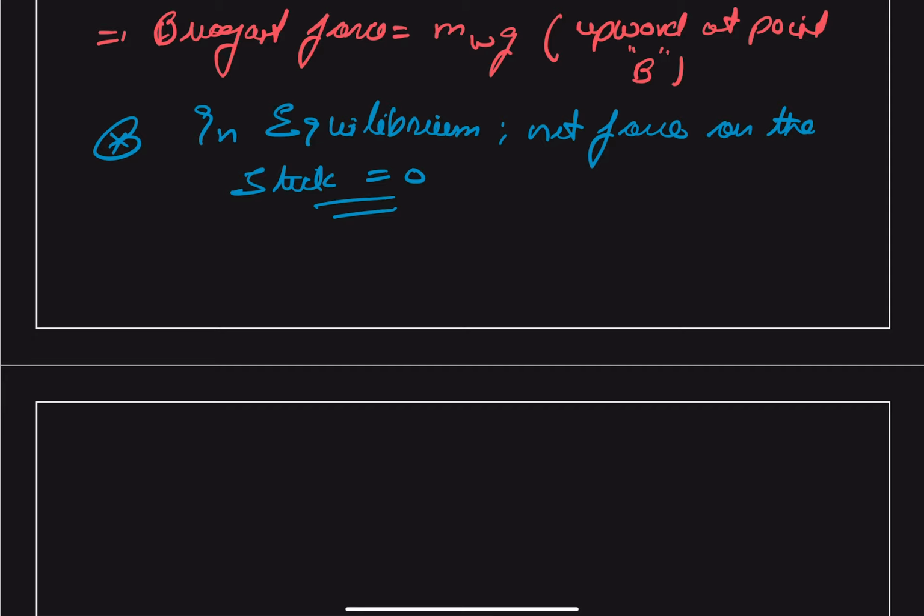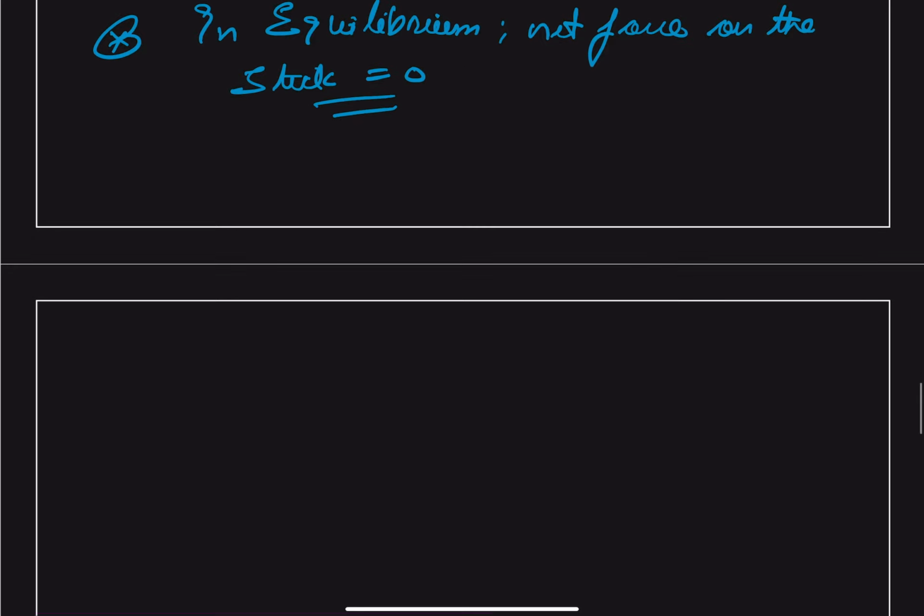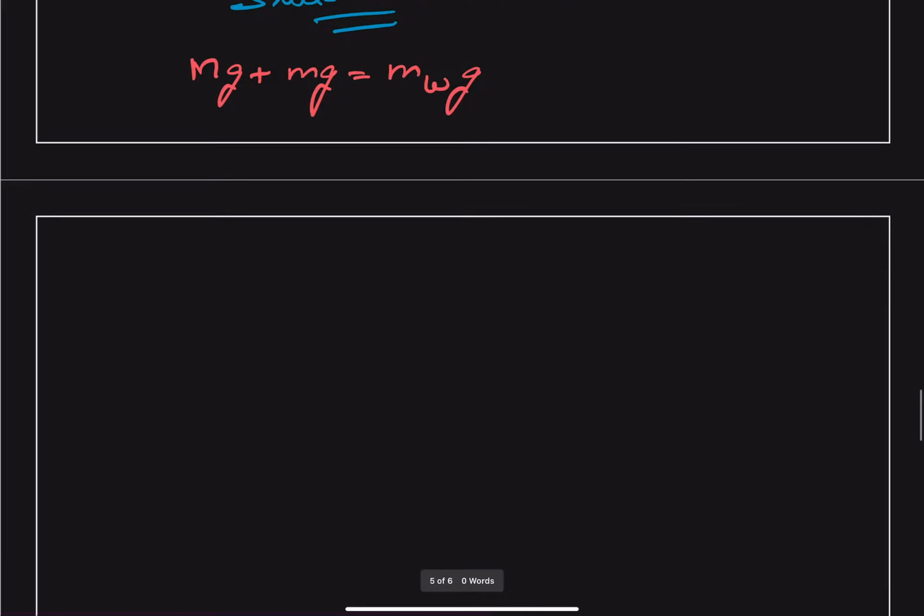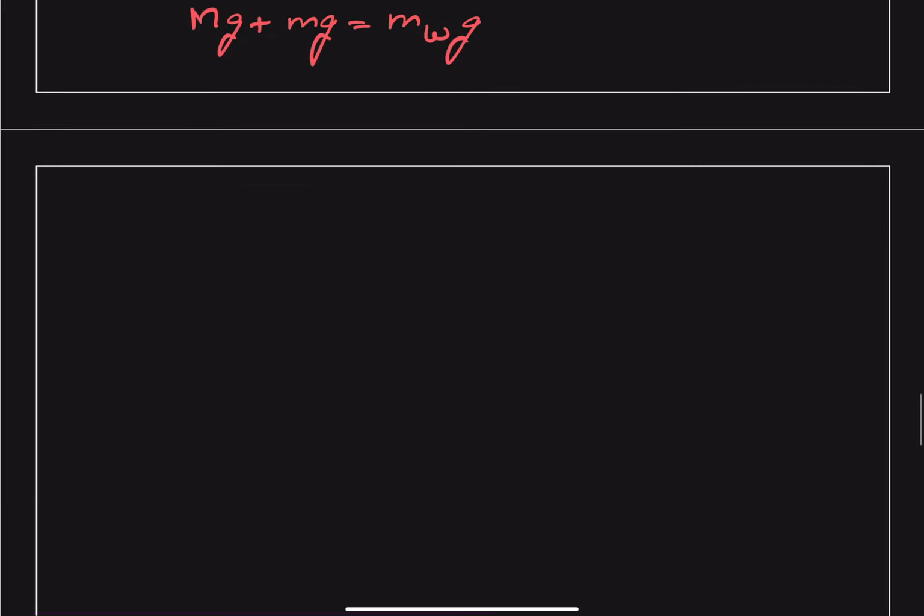So based on this, we can write that our Mg plus small mg should be equal to mw, that is the buoyant force, multiplied by g. And we already calculated this part, so I'm going to just write the result here. So from here we can write, and this will be giving me pi r square multiplied by sigma l minus rho capital L should be equal to m.